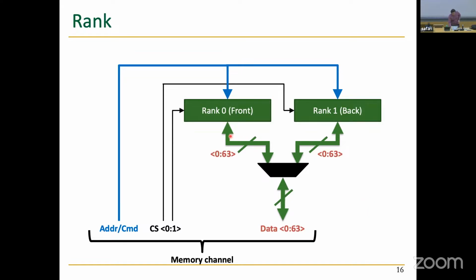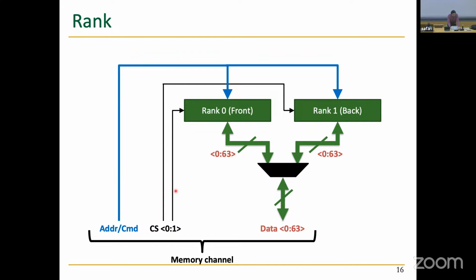So if you want to send a command or read data from a rank, you have to send that address and the corresponding command on this shared bus. Both ranks will receive that command and address, but you have this additional signal called chip select. It actually selects a rank of chips. The naming is kind of misleading, but this is how it's named in the standard. I was very confused when I first got into memory.